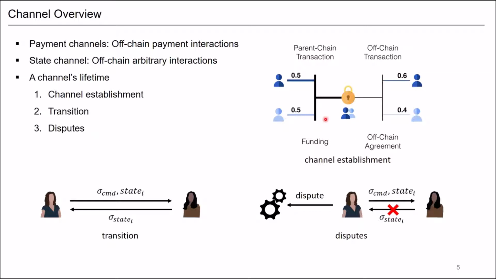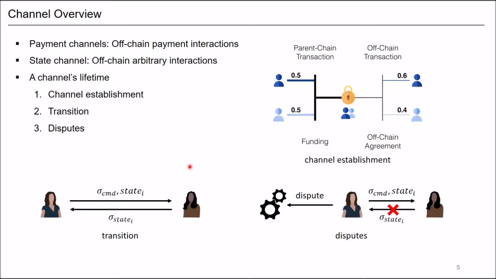Here, the funds can only be released by unanimous agreement or through a predefined refund condition. Once the channel is open, all parties can update the channel state in a 2-step process.